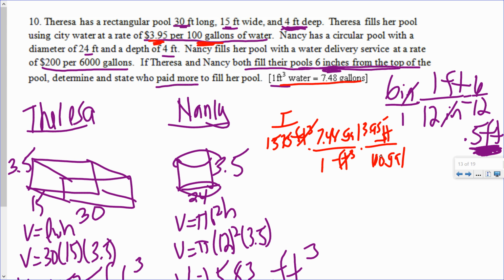So I just fill in whatever they give me there. I don't need to find a unit rate. I can just put in whatever they give me. Now I have money. That's what I want. Is there any type of quantity here? No. So I'm going to go to my calculator.